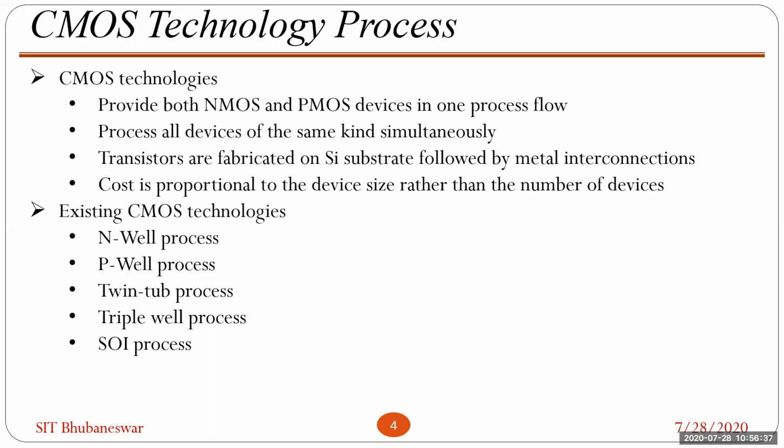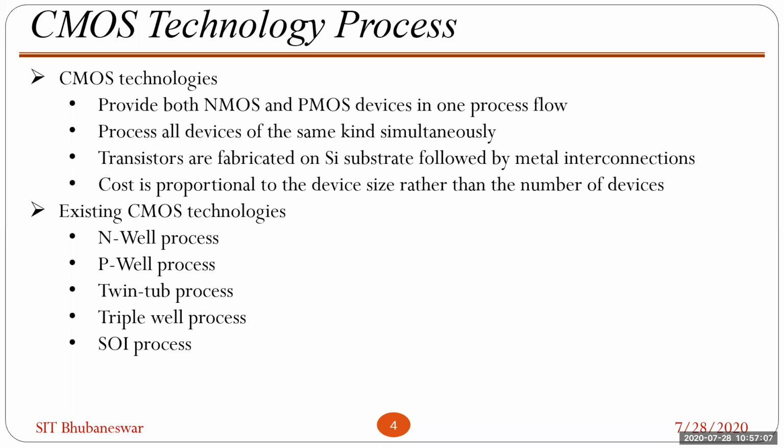In a single process flow, both NMOS and PMOS can be designed. Next, all similar types of devices, like NMOS or PMOS, or other active devices like BJT, diode, or passive devices like capacitor, resistor, and inductor, can be fabricated simultaneously.